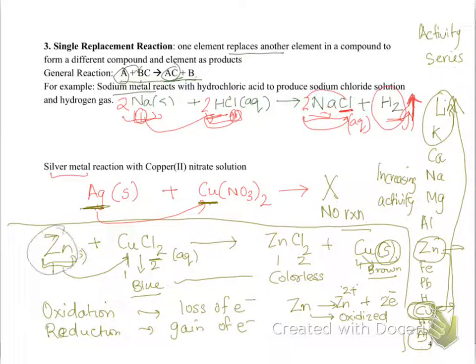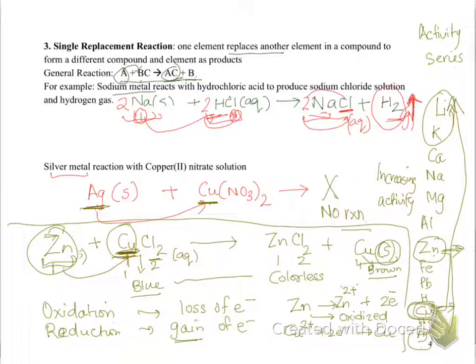Now here, zinc is above copper. Here we are talking about zinc and copper. Since zinc is above copper, zinc will get oxidized and copper will get reduced. And what is reduced? Reduced is the gain of electrons. So here Cu is present as Cu2+.